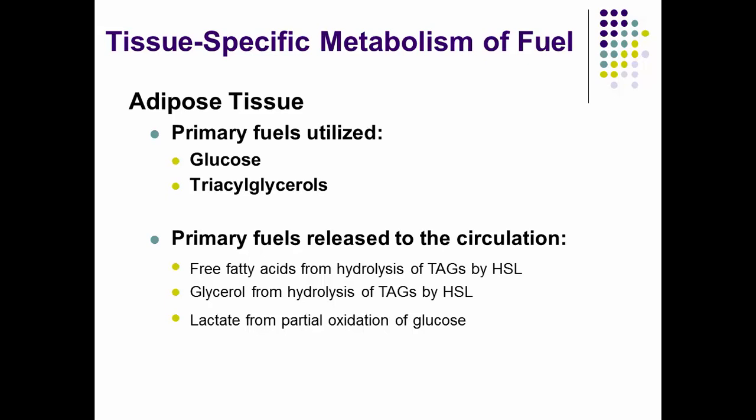Okay, so now let's just talk about adipose tissue. What are the fuels that adipose tissue uses? Primarily, fuels that adipose tissue can use are glucose and triglycerol, and fuels that are released into the circulation from adipose tissue include the free fatty acids. Basically, it's from the hydrolysis of triglyceride, which is stored in the adipose tissue in the fat condition, right?